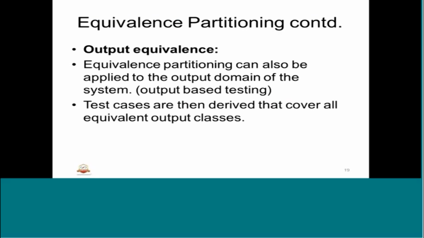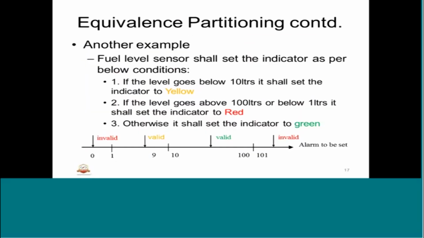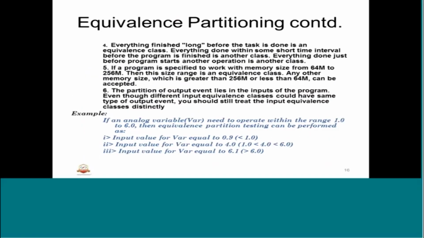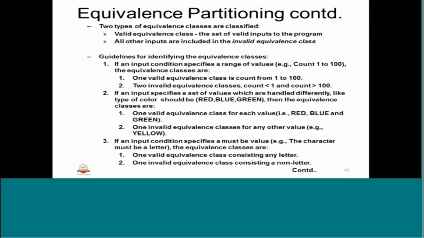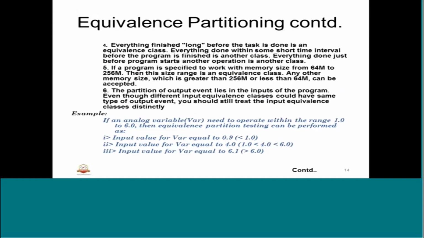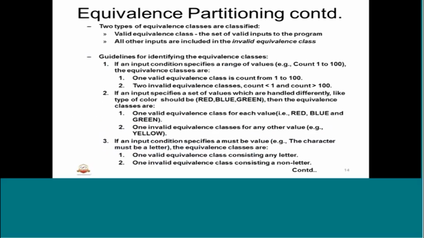So with that we come to the end of equivalence partitioning. We have gone through some of the equivalence class examples. We defined the valid and invalid equivalence classes and the guidelines such as count, characters, must be value, and size, time, because the majority of requirements will come under these guidelines.